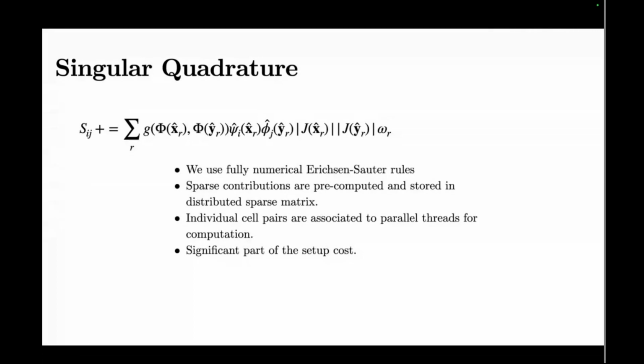So these are quite a lot of evaluations of the Green's function in individual triangles to get the singular quadrature correctly, but that's a pre-computation step that we're also doing. Later on in the numerical results, you will see the actual cost of this. It's a significant part of the setup cost, however, it parallelizes quite trivially. So this has very nice scaling properties.